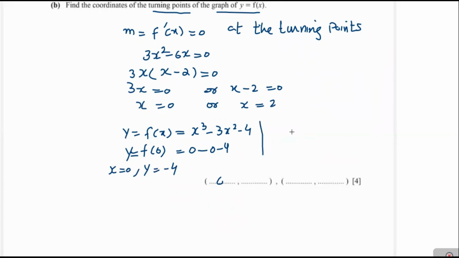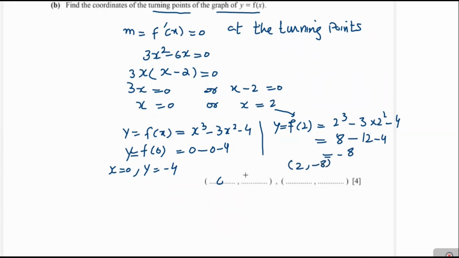And same here, when x equal to 2, we write f of 2 equal to y. 2 cubed minus 3 into 2 squared minus 4 is equal to 8 minus 12 minus 4, and that will be equal to minus 8. Therefore, we write it as 2, minus 8. The coordinates are 0, minus 4 and 2, minus 8.